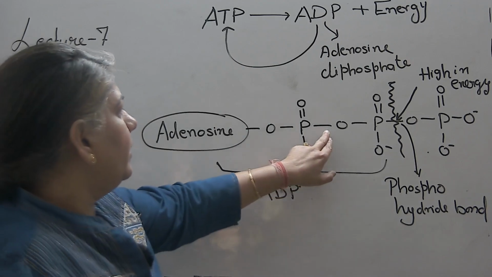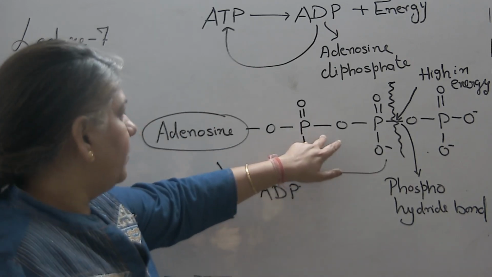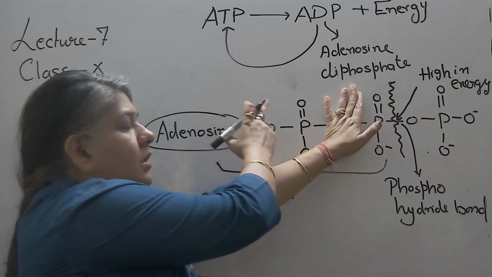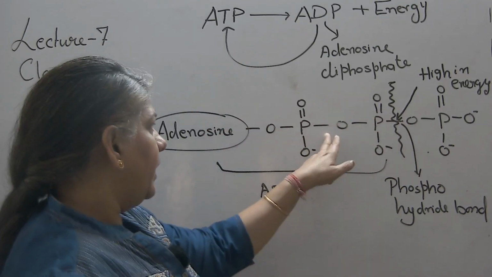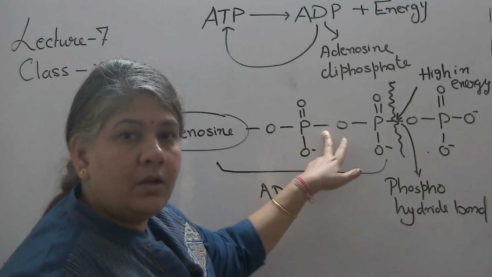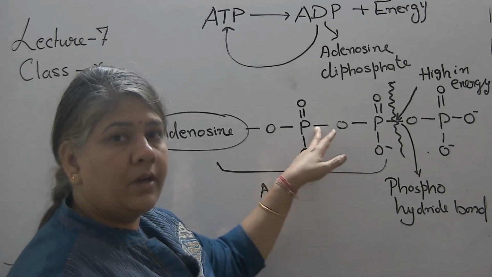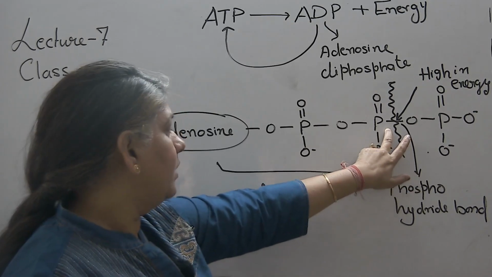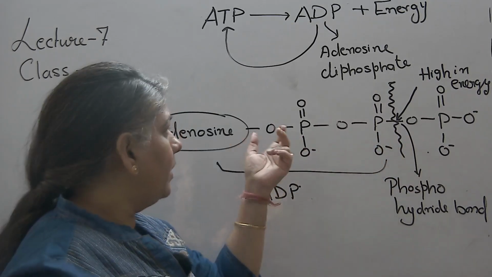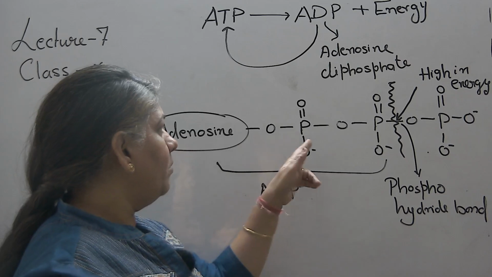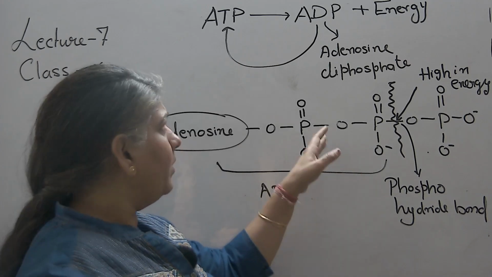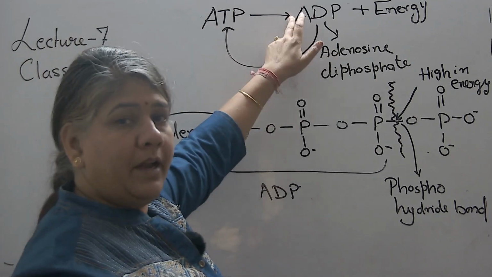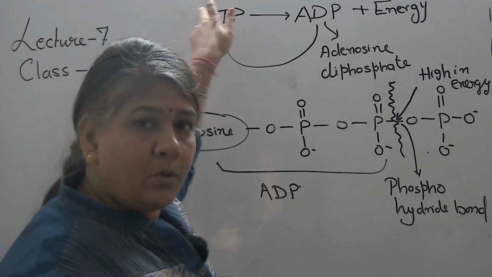So these linkages can also be broken. If this breaks down, we are left with adenosine monophosphate, but breakdown of this bond will release somewhat lesser energy as compared to breakdown of this terminal bond. So AMP, that is adenosine monophosphate, is rarely formed. It is just the conversion of ATP to ADP, then ADP will again be converted to ATP.